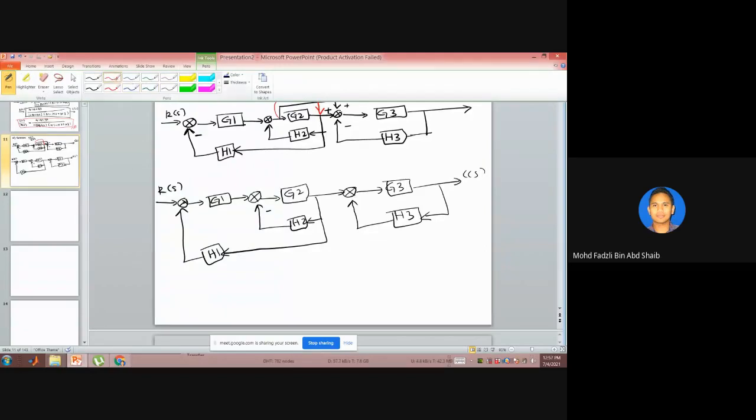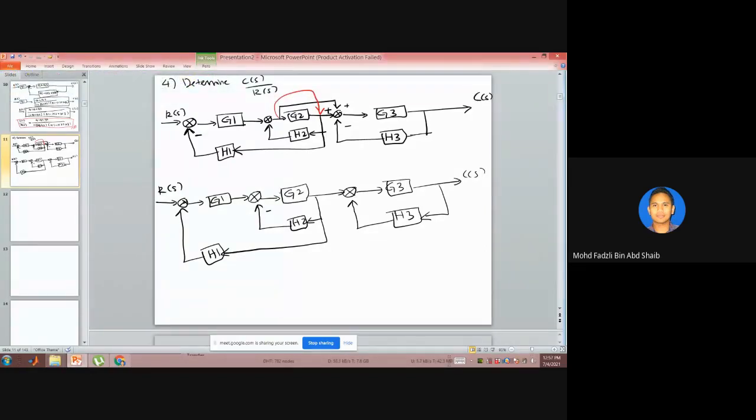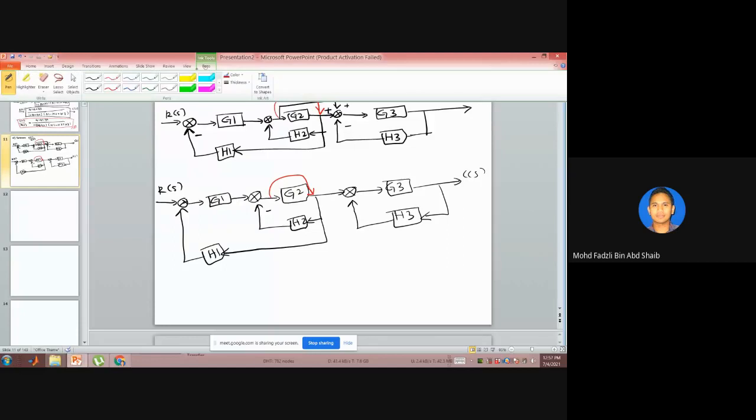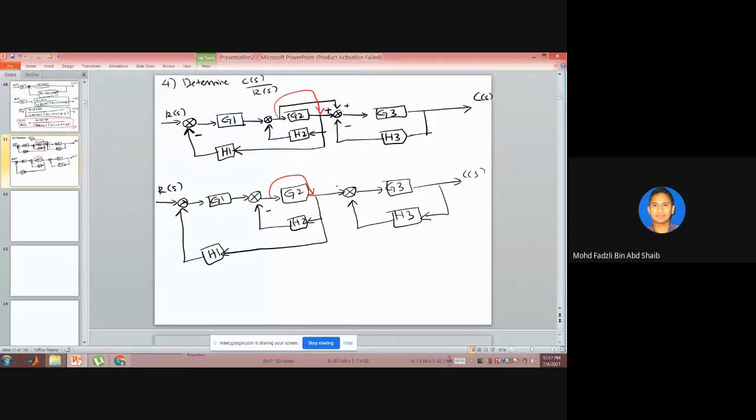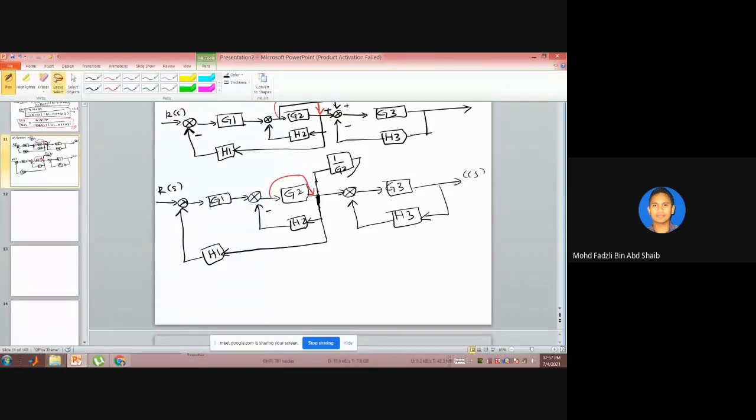See, this point, right? We move to here, right? So what is happening here? So it becomes 1 over G2, right? How to make?